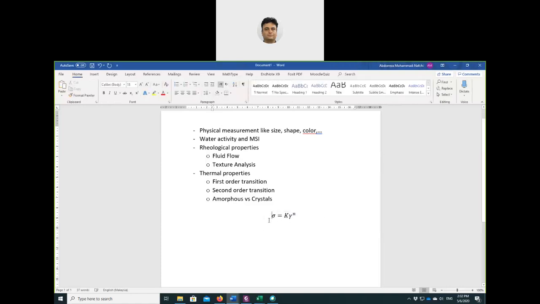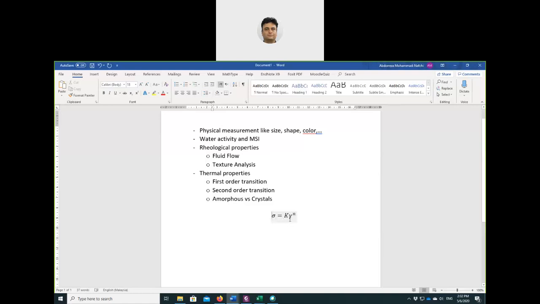Yeah, this model is the power law model. We call K the consistency coefficient, and n is the viscosity index. So sigma is shear stress and gamma dot is shear rate.